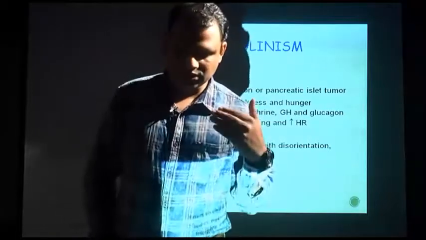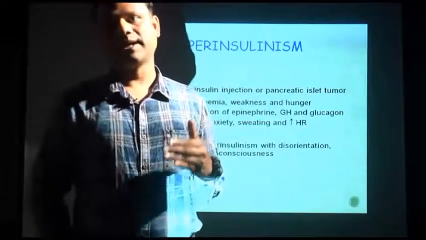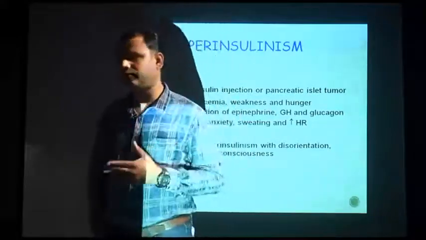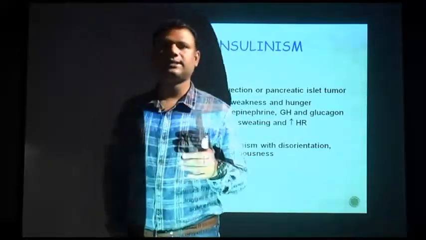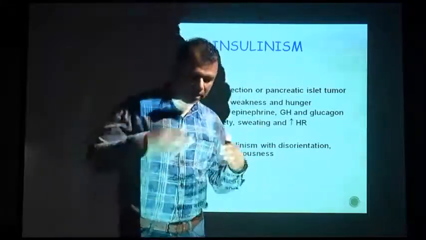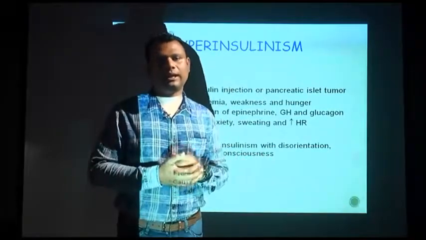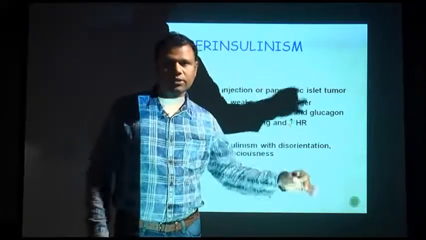So the cause is higher insulin injection or a pancreatic islets tumor. A pancreatic islets tumor means if a tumor happens in the beta cells, or anything happens to the beta cells, insulin production goes up, and it can lead to the same situation as giving an insulin injection to a person.